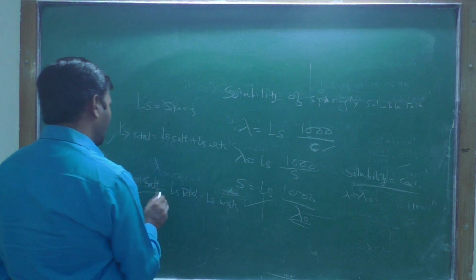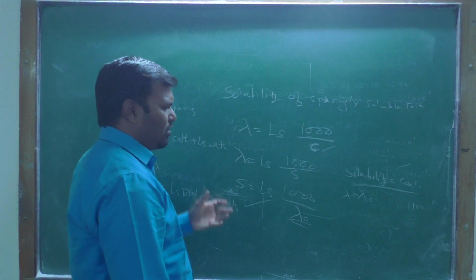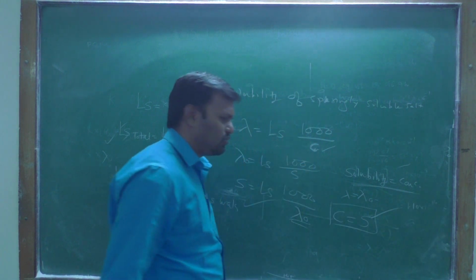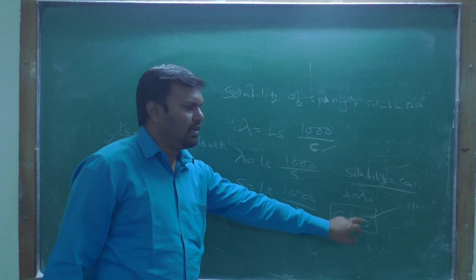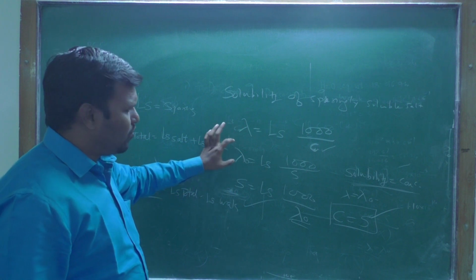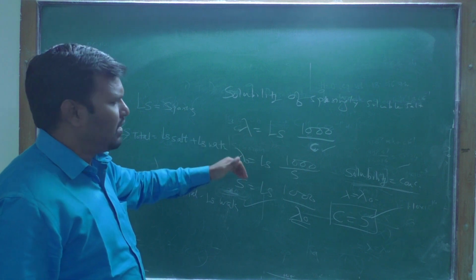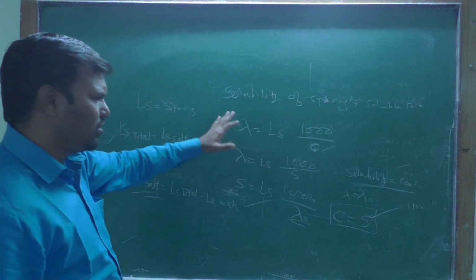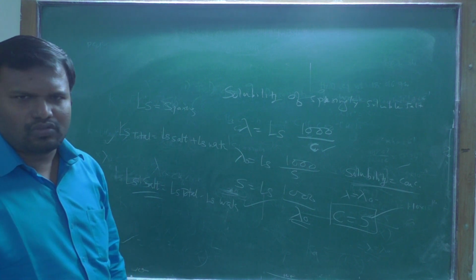One important relation to remember is that concentration is equal to solubility for a sparingly soluble salt, and we replace the concentration by the solubility when lambda is equal to lambda 0, the equivalent conductance at infinite dilution. Putting this in the equation, you can find out the solubility of the sparingly soluble salt.